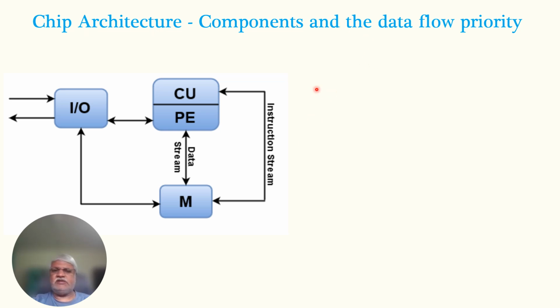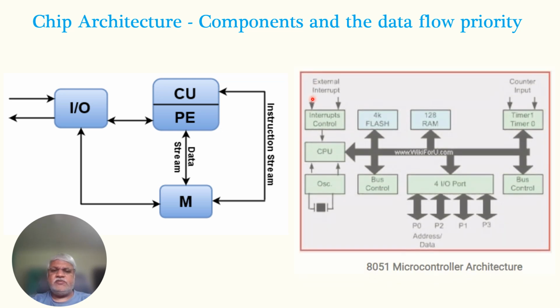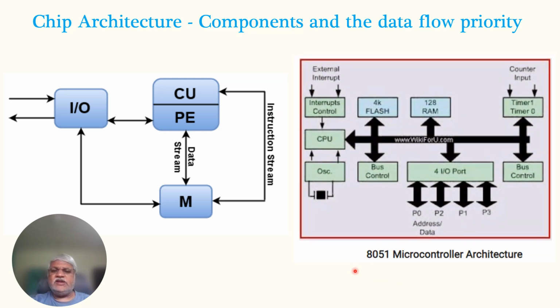so that the top level requirements will be translated into the next level. In the same way, if you observe the old 8051 microcontroller architecture, here this is the IOs which is mentioned here. Here these are the memory units, this one here. This is the CPU, the processor element.